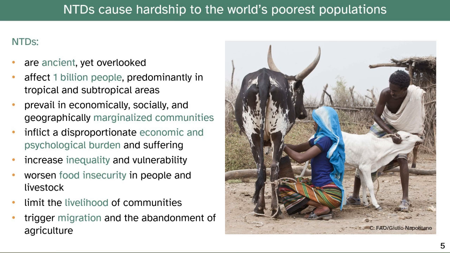Not only do they affect people in their bodies, but they also inflict a disproportionate economic and psychological burden and suffering at the individual and community level. They increase inequality and vulnerability, which are already high in these settings, and this worsens food insecurity in people and their livestock, and limits the livelihood of communities, triggering migration and the abandonment of agriculture.